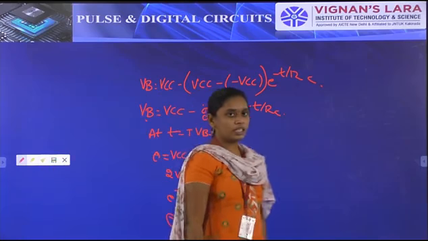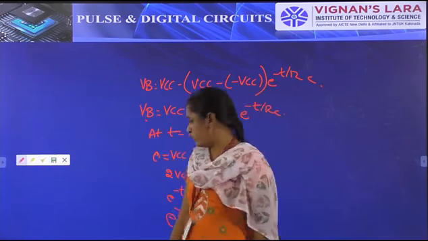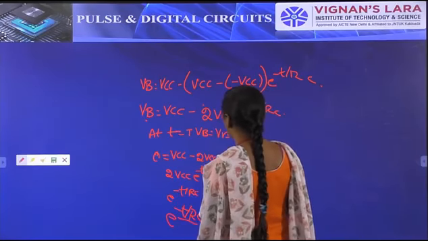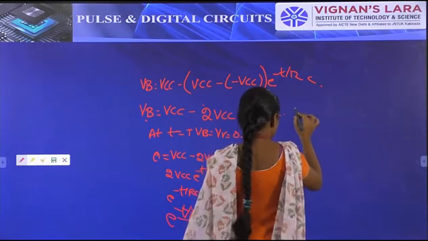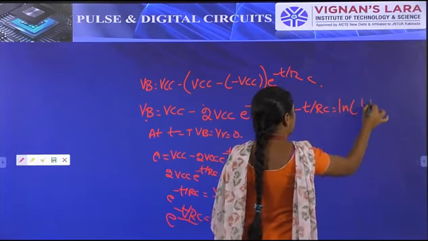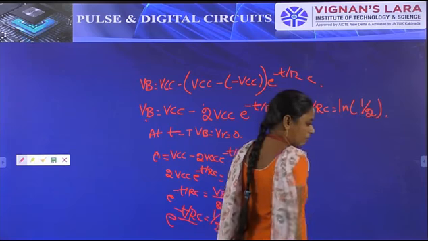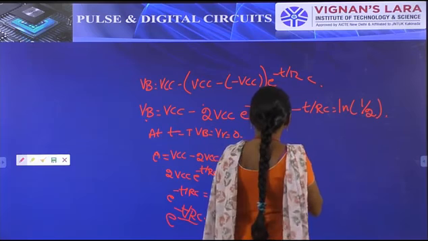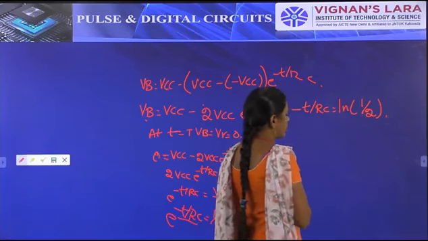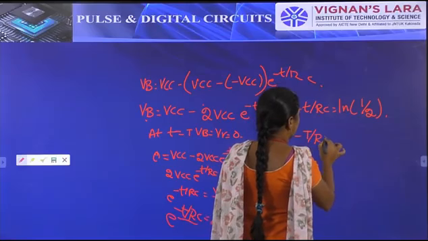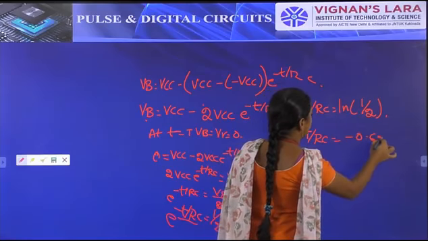And what is the minus t by RC? Simply by applying natural log on both sides, we get minus t by RC is equal to ln of 1 by 2, which is minus 0.693.